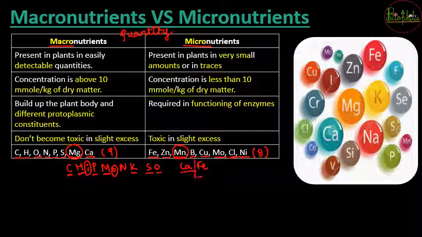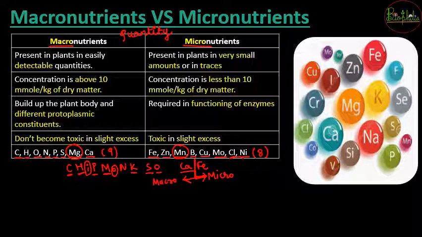And the remaining Fe that comes, that is going to be starting your micronutrients. So up to Ca of cafe is going to be your macronutrients, and after that, starting from Fe, it is going to be micronutrients.